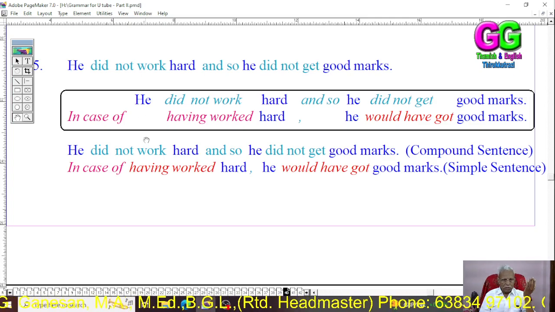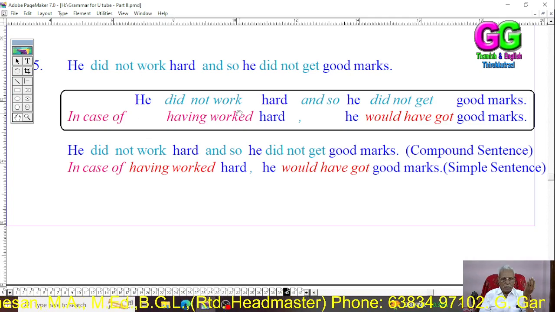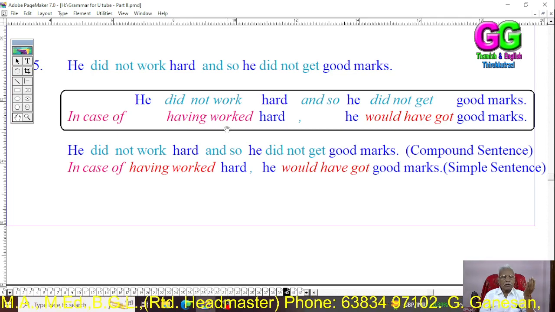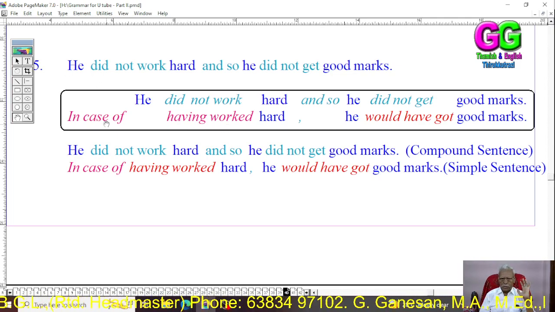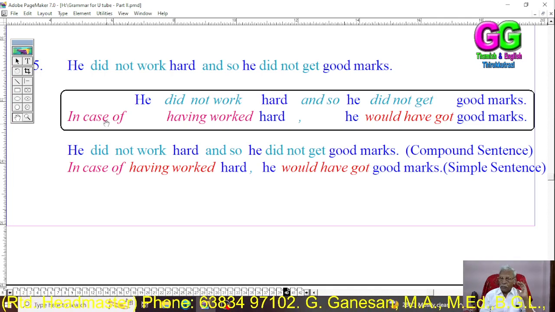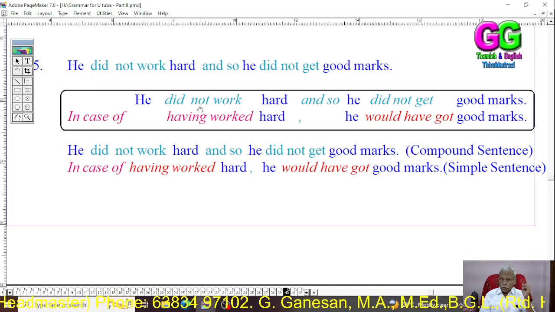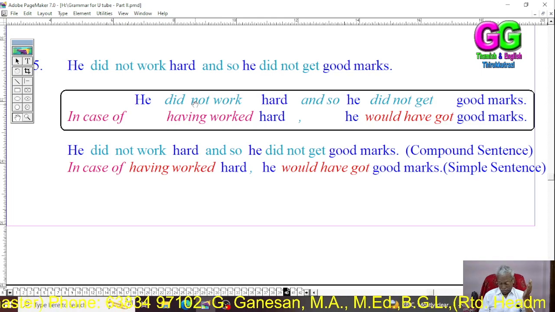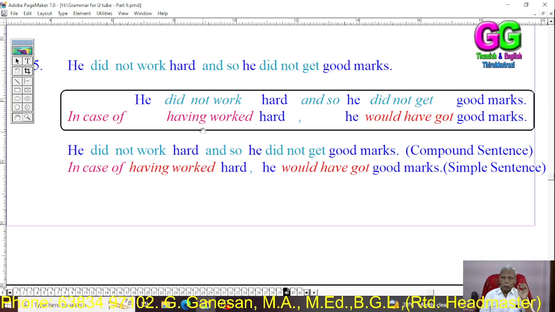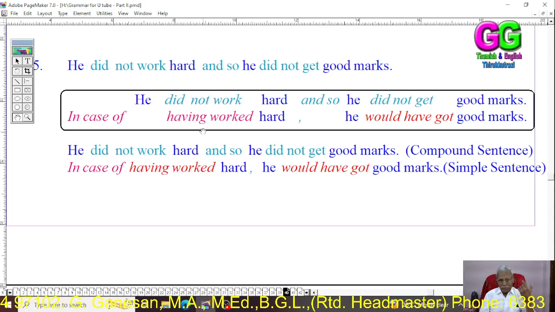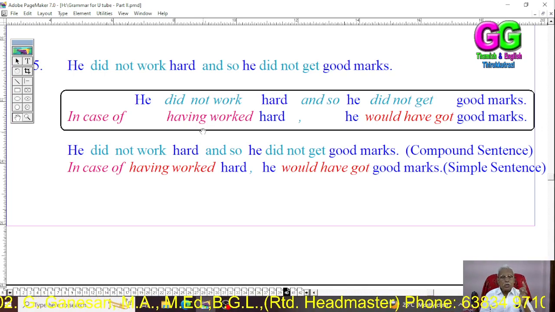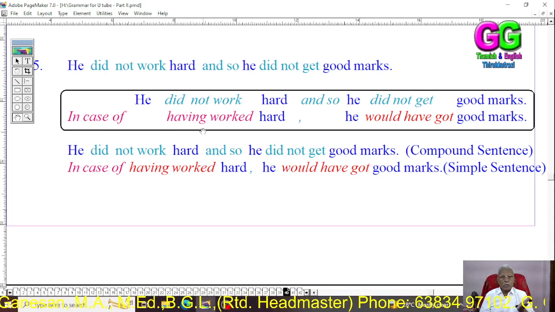The subject is the same, so it is removed. "Did not work" has been replaced by "having worked". Having plus past participle. When we use "in case of" or "if" or "in the event of", we should change the tense into past perfect, and when it is reduced into a phrase, it should be reduced into having plus past participle.